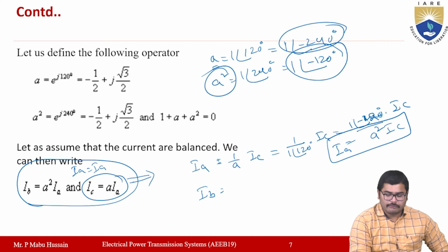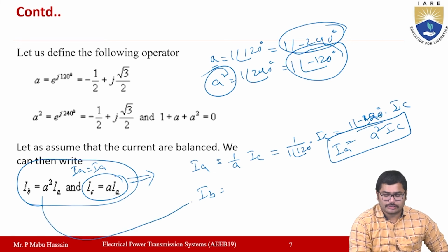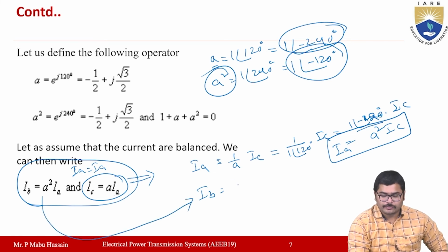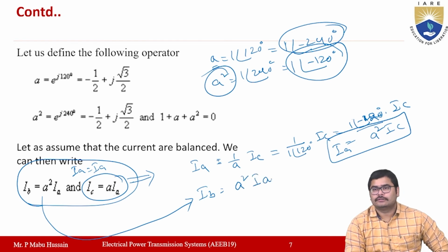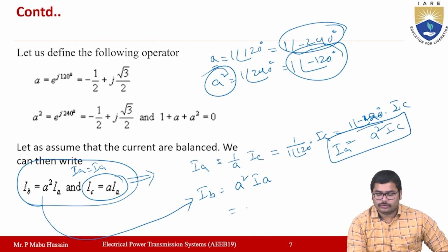Right. Similarly, the value of IB from this equation will be equal to A square into IA. Okay, so A square into IA. Now the value of IA is A square into IC. So in total you will get A power 4 into IC.